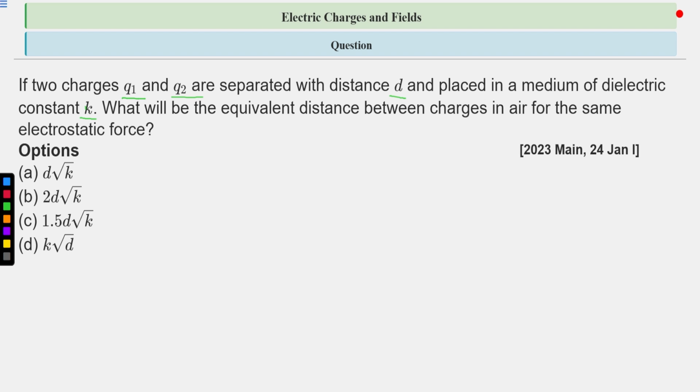By how much distance apart should we place these charges so that the electrostatic force will be the same as in case one? Your options are d root k, 2d root k, 1.5 d root k, k root d. I will give you some time to think or review the question.